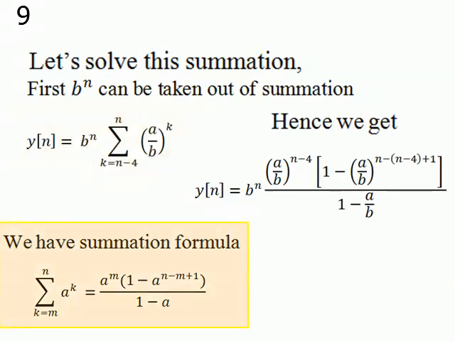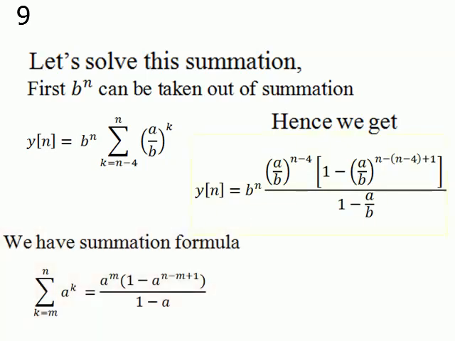We have to use a different summation formula where the limits are finite. That is, summation of a raised to k for k equals m to n, which is equal to a raised to m into 1 minus a raised to n minus m plus 1 divided by 1 minus a.